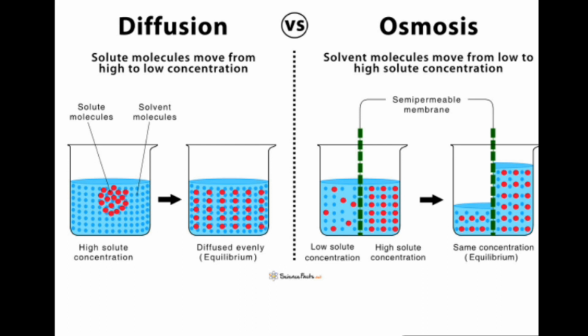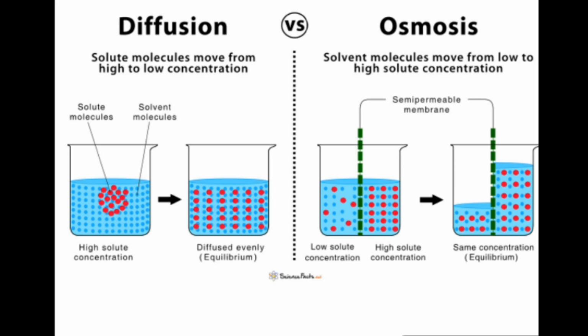So in this figure you can see I have created a setup for diffusion and osmosis experiments. If you see, in case of diffusion, you take a high solute concentration, put it into a solvent, and within a short period of time the solute just migrates to different corners of the solvent and attains a balance, an equilibrium.